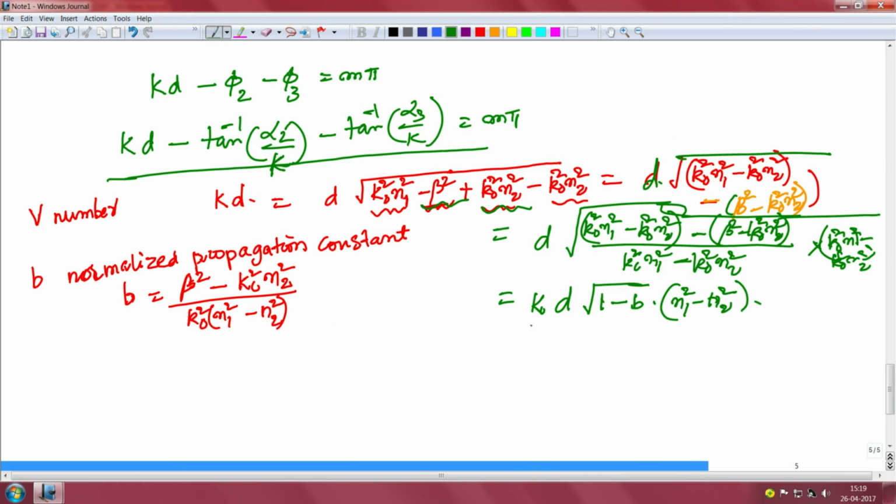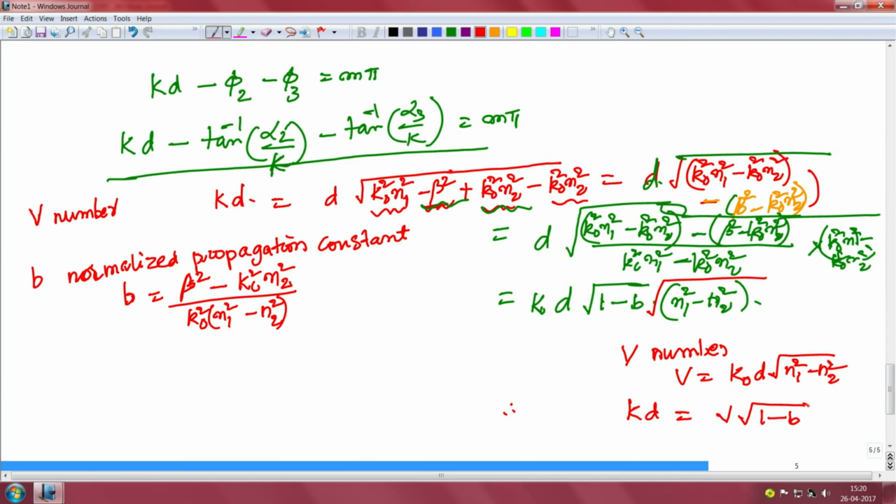So, I will define the V parameter to be k0 into d into the square root of n1 square minus n2 square, so that the factor k into d is the V parameter multiplied by the square root of 1 minus b.